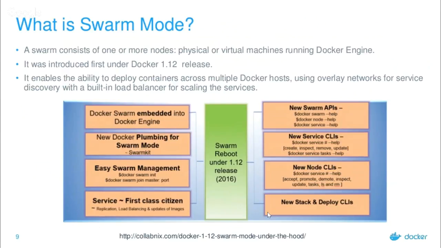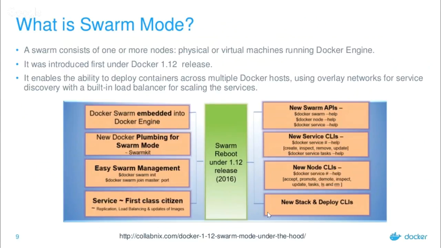It enables you to deploy the application across multiple Docker hosts. And it uses a very intelligent overlay network for service discovery, and has a built-in load balancer for scaling your services. So when you scale your services, the inbuilt load balancer is going to help you out.